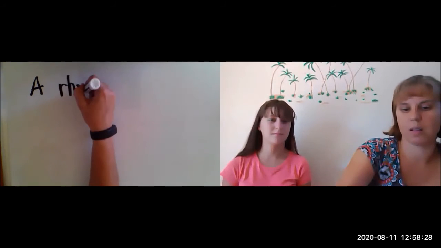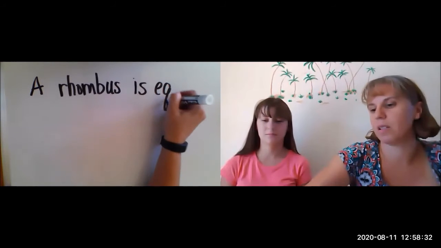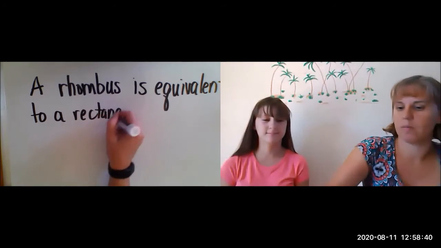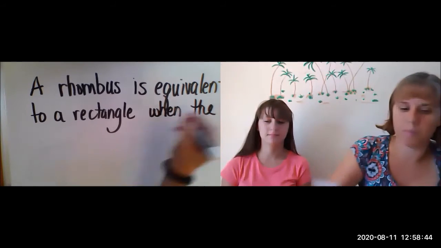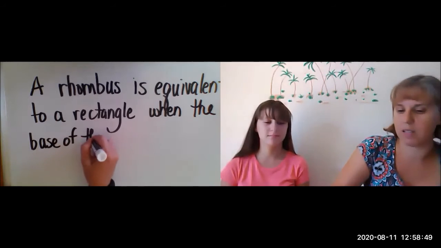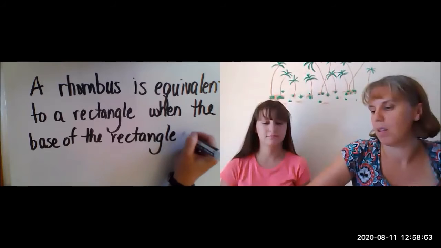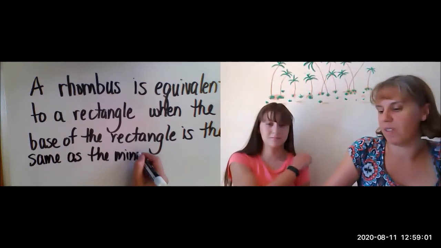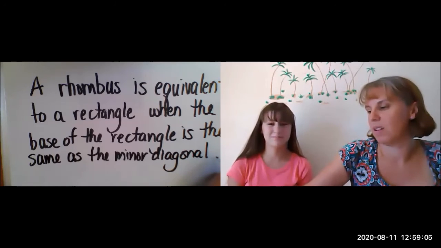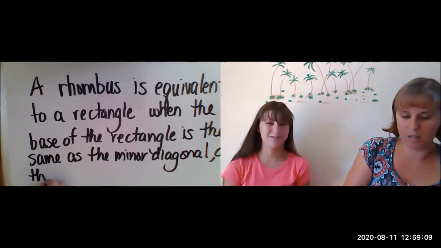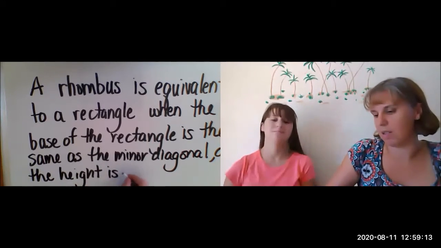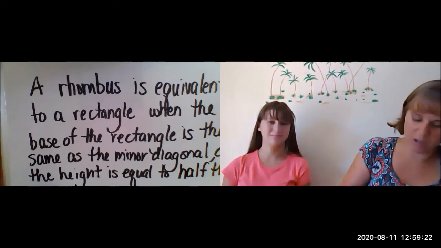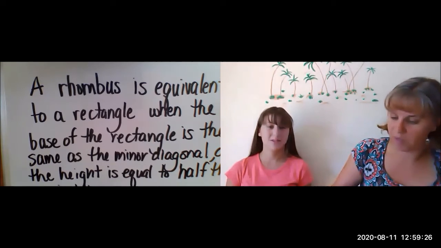A rhombus is equivalent to a rectangle when the base of the rectangle is the same, we're going to run out of room, as the minor diagonal and the height is equal to half the major diagonal. It's a lot of words.